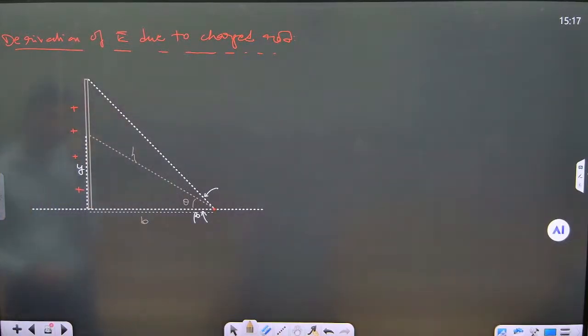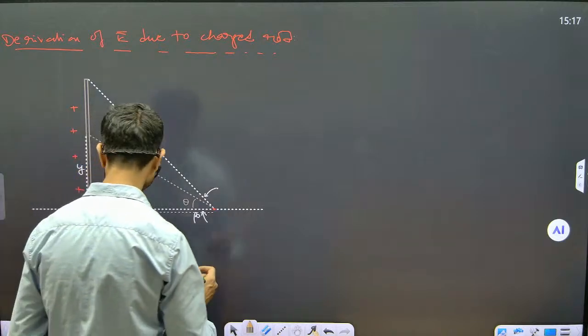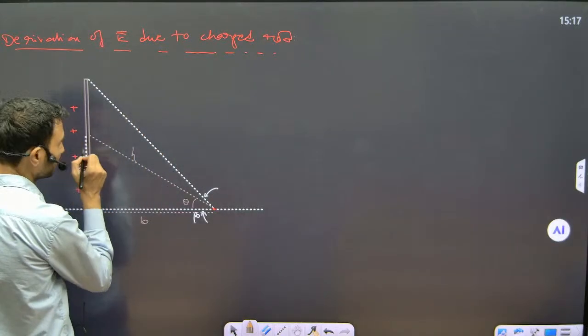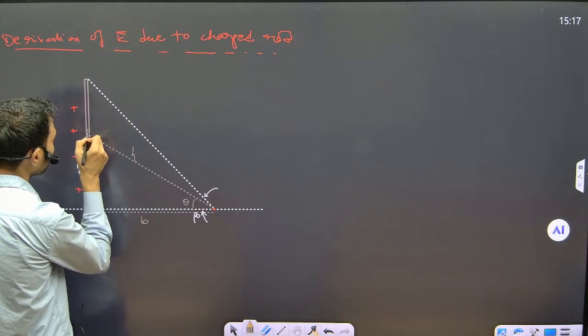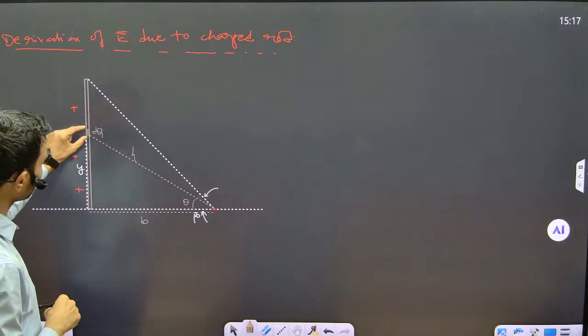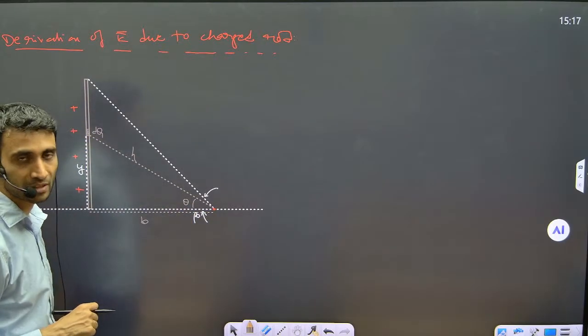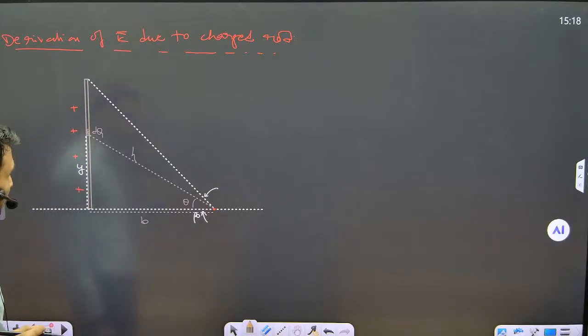Now, let us say at this height there is a small charge element. We'll call it dq. Dq is a small charge element because of which I want to find out the electric field here. So let's find out the electric field due to dq.